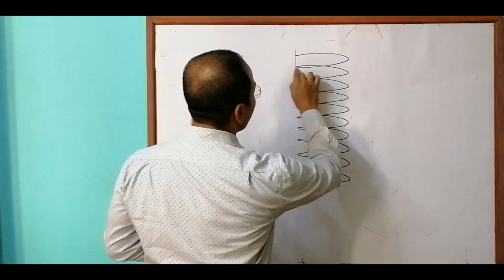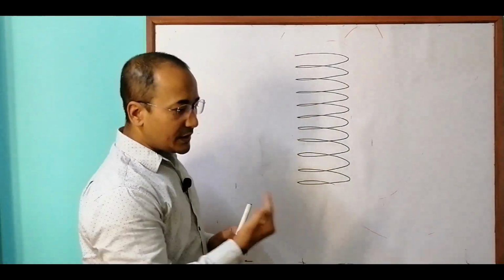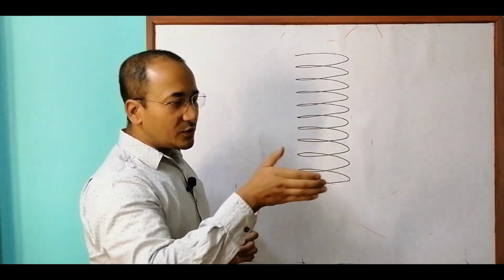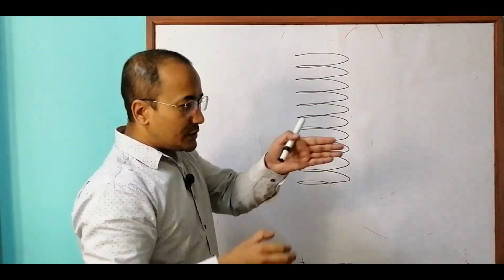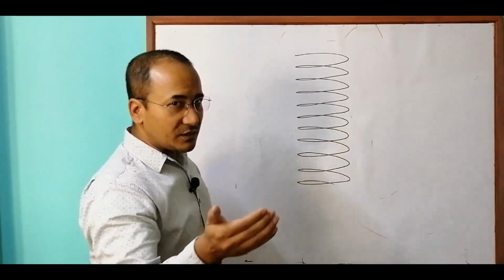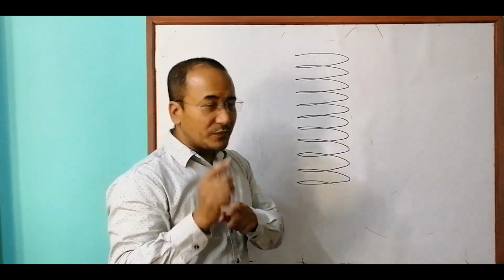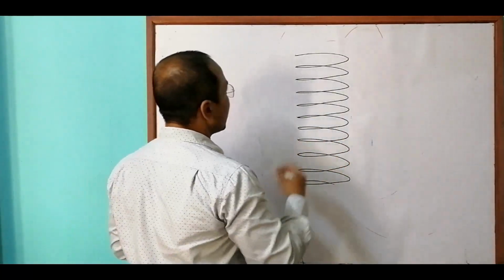Now in a solenoid, in each turn, if this turn would be towards you, this turn would be away from you. So the part of this turn will appear larger to you, and this turn would appear smaller to you. So that's why I have to make some arrangements here.